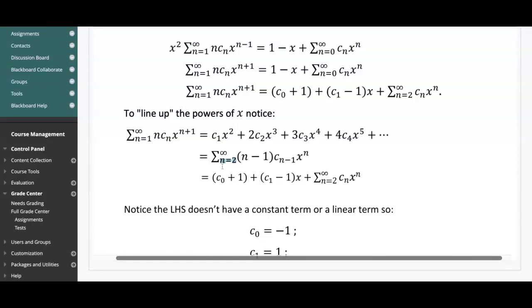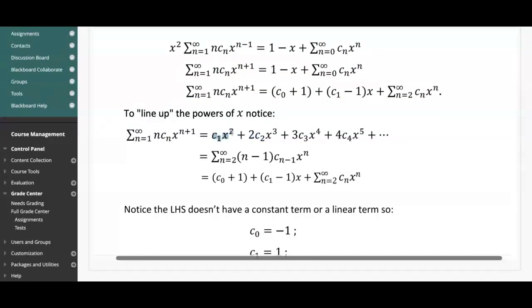Starting from this one, x raised to 3. Oh, this is n starting from 3. This is n starting from 3. Okay, that's a mistake here too. So this shouldn't be n minus 1. This should be just n, right? You see this one.